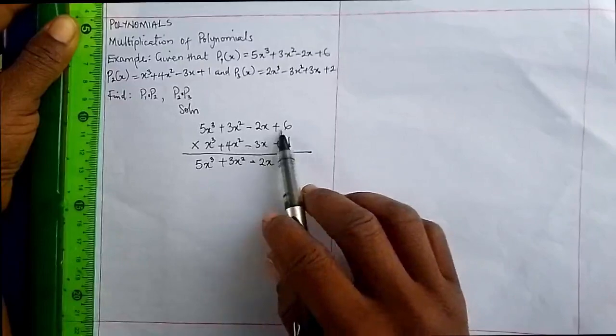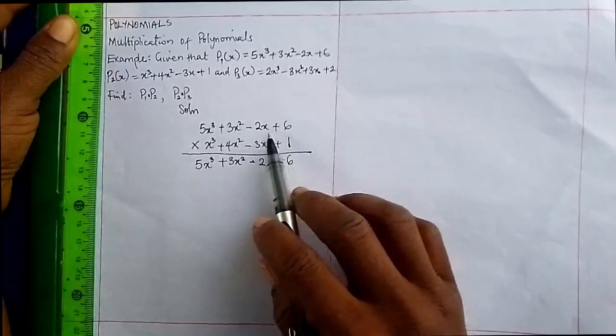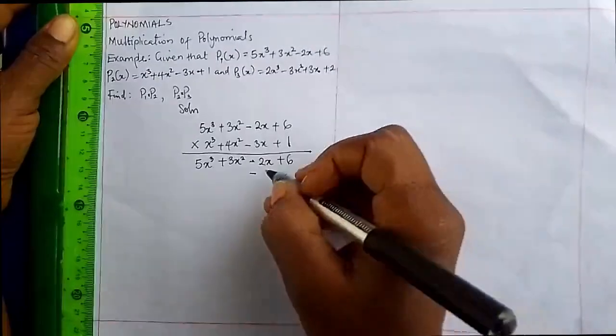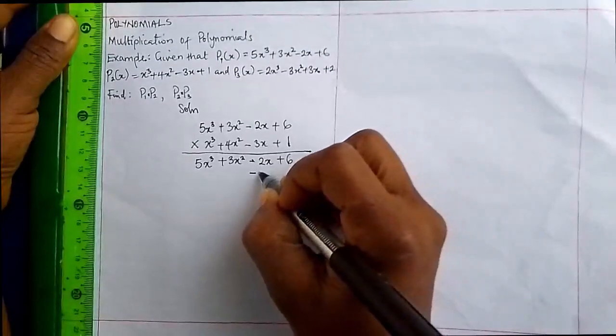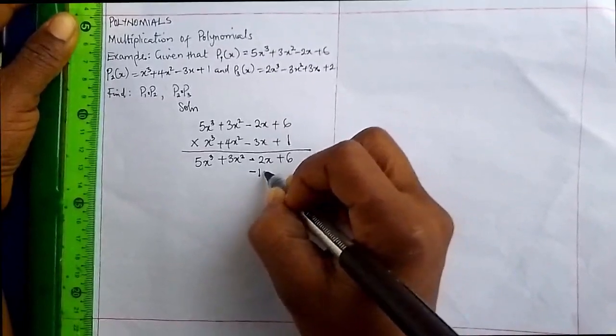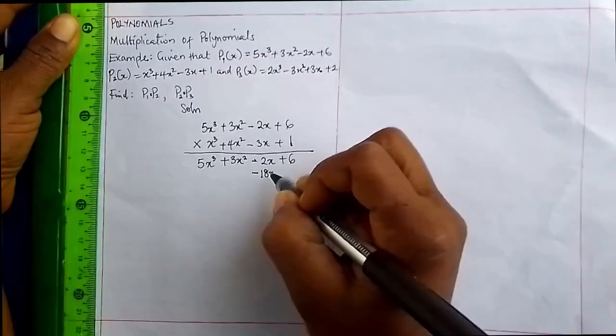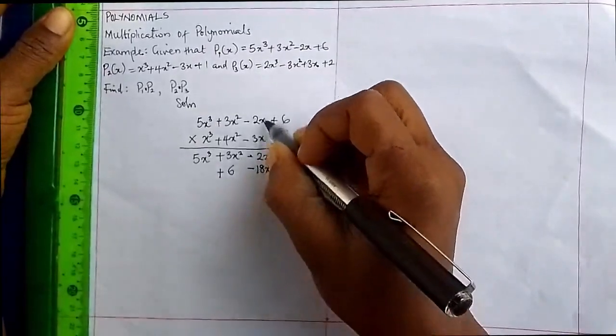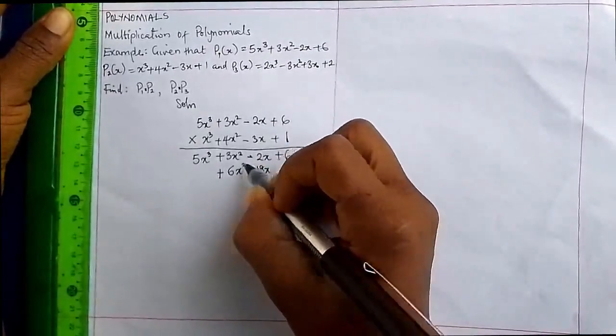Minus 3 times plus 6. Minus times plus is minus. Then 3 times 6 is 18, so minus 18x. 3 times 2 is 6, then x times x, x squared.